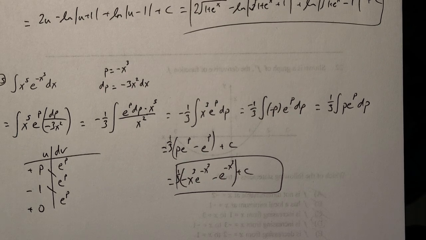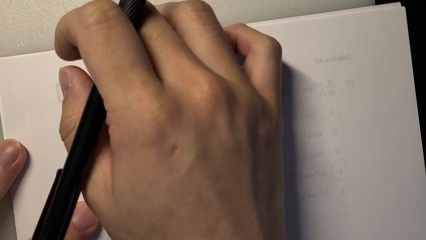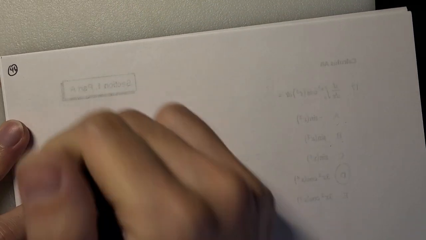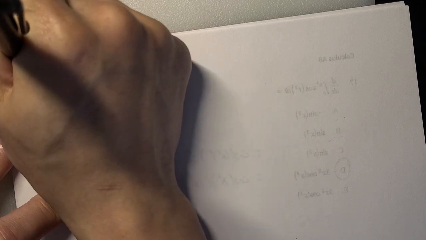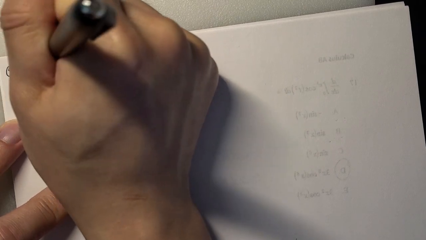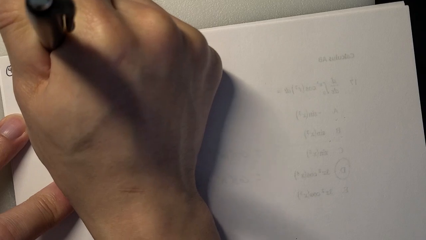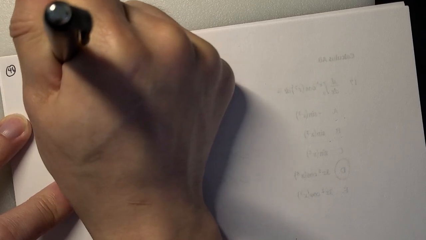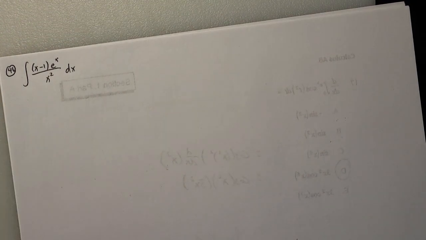Okay, so let me continue. 46 looks like we're on, right? So we have this integral x minus 1 e to the x over x squared dx.